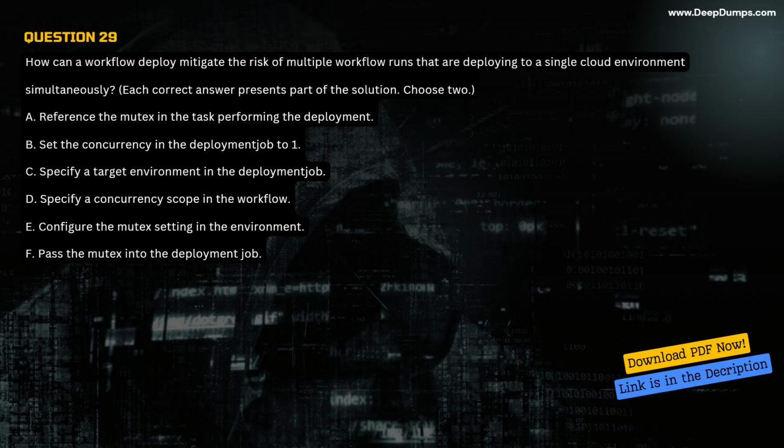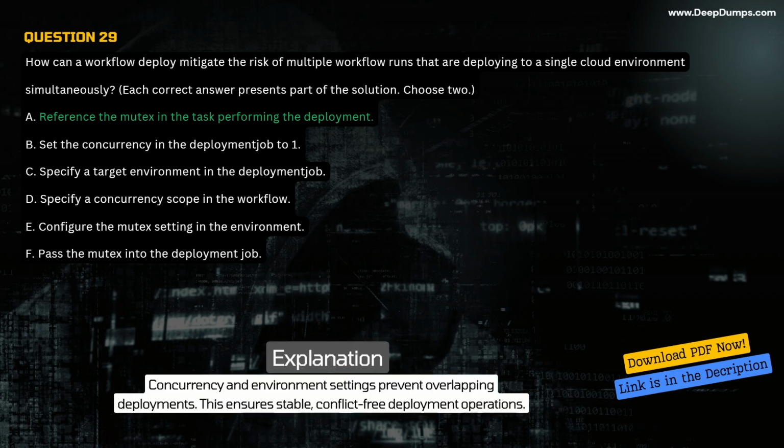D. Specify a concurrency scope in the workflow. E. Configure the mutex setting in the environment. F. Pass the mutex into the deployment job. Correct answer A. Reference the mutex in the task performing the deployment. Explanation. Concurrency and environment settings prevent overlapping deployments. This ensures stable, conflict-free deployment operations.